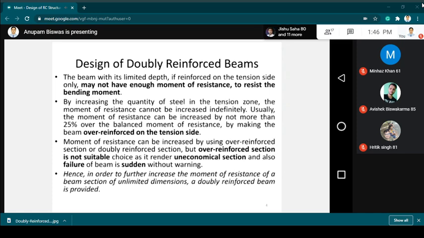The threat for a singly reinforced section is sudden failure of the structure, since over reinforcing will fail suddenly without any warning. That problem can also be taken care of.